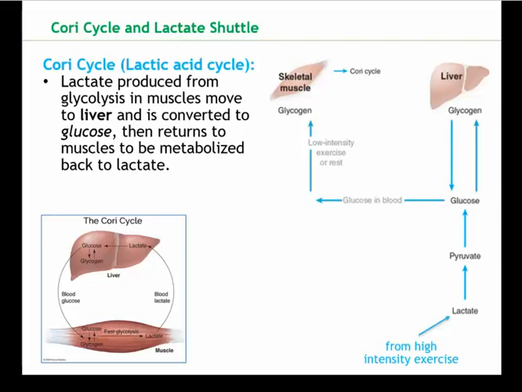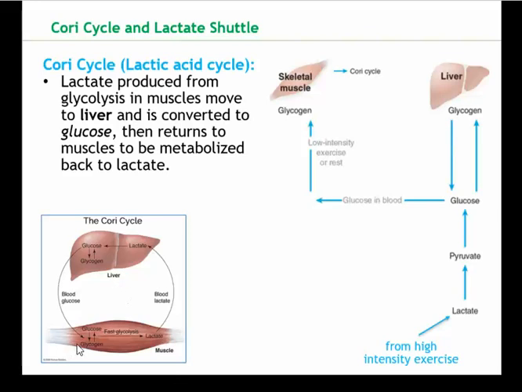And then that glucose can be used to maintain blood sugar or for liver glycogen. So lactate is transported via the bloodstream to the liver to make more glucose, utilized to maintain our blood glucose levels, or if we actually need more stored glycogen. That's what this process shows right here.